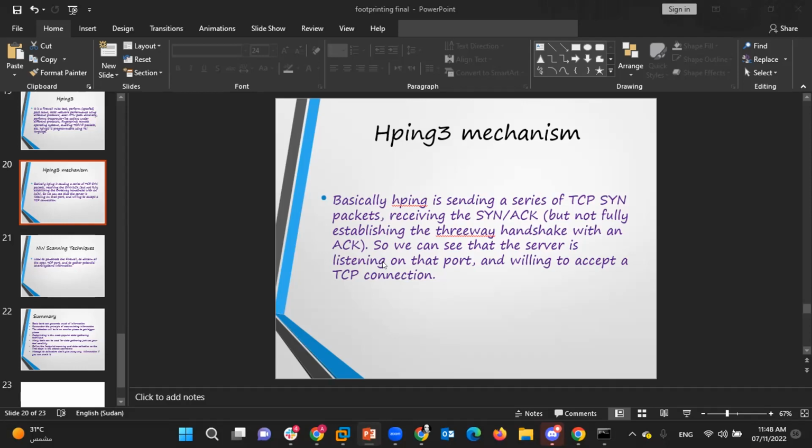We have different packet types: SYN, ACK, SYN-ACK, FIN, FIN-ACK, and ACK. These are the types of packets.